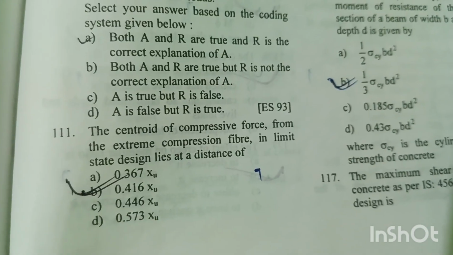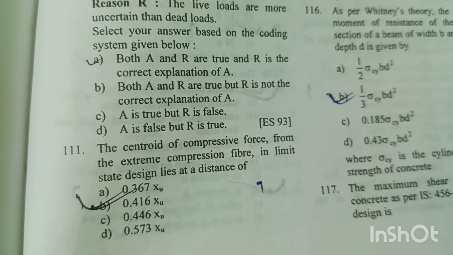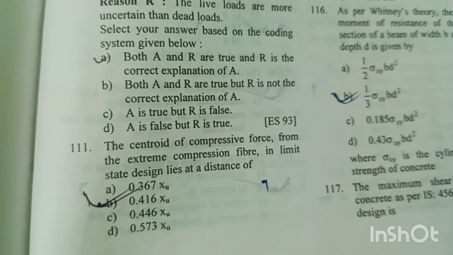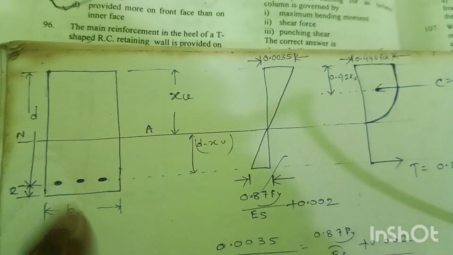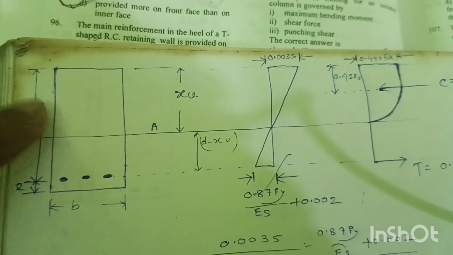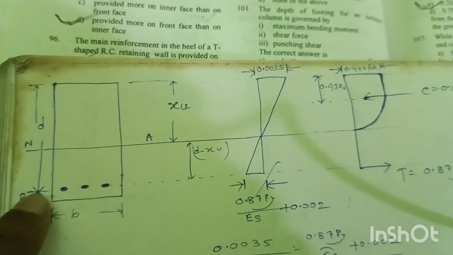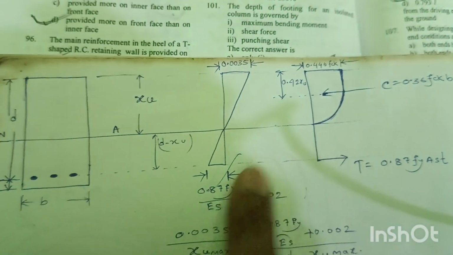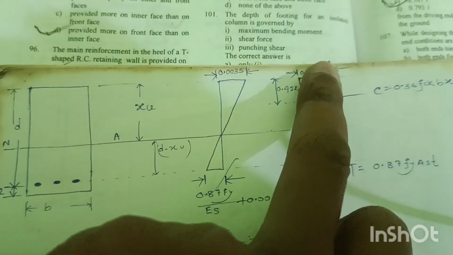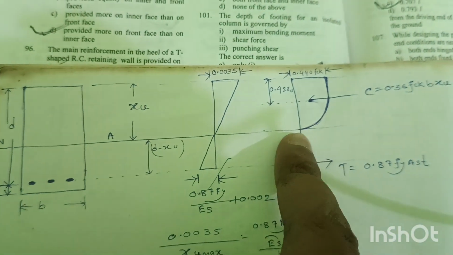Question number 111. The centroid of the compressive force from the extreme compression fiber in limit state design lies at a distance of. Suppose this is the RCC rectangular section of width B and effective depth D, and this is the effective cover. This is the stress diagram for this section, rectangular at the top and then parabolic.